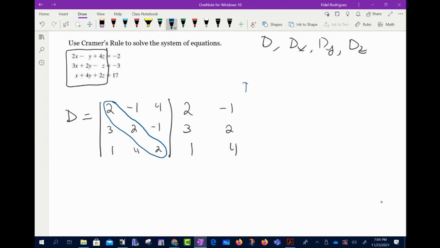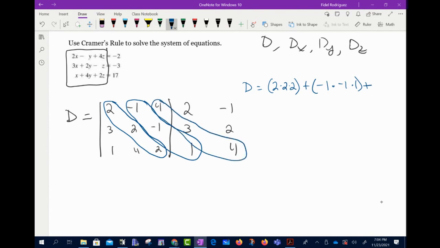Okay, so remember what we're going to do here. To find our value for D, we're going to start taking these numbers. So we're going to go 2 times 2 times 2. And then we're going to multiply these here, plus -1 times -1 times 1, plus, and then we're going to do these right here, 4 times 3 times 4. Okay? And then we're going to go minus, and I'm going to put brackets.